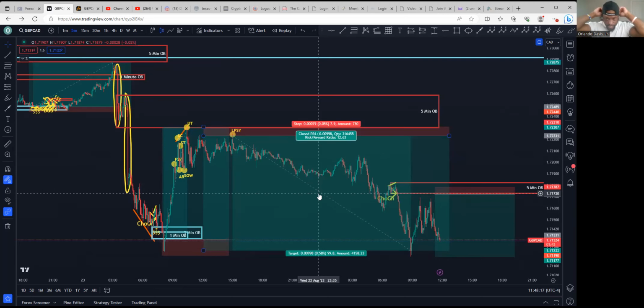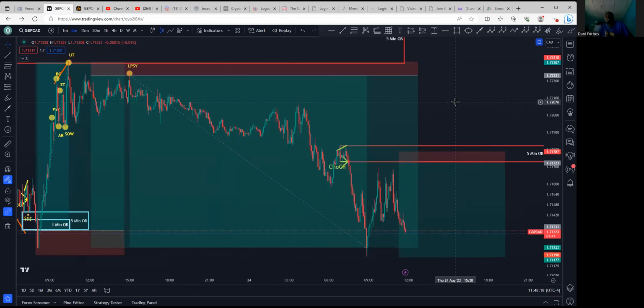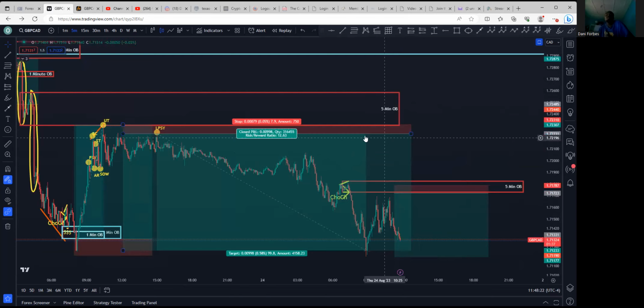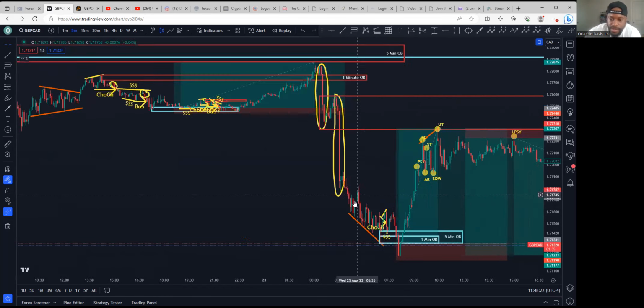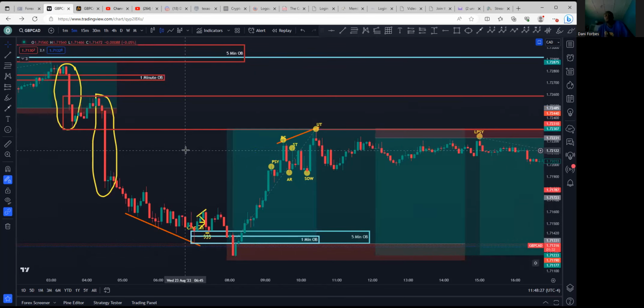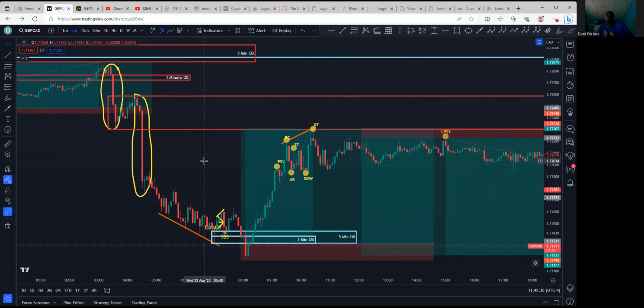So, bro, I want to also say something on the GBPCAD you took based off the candlestick. So right here. When it comes to divergence in that kind of situation, if the market was no longer showing divergence and you saw that candlestick, would you still have taken the trade?